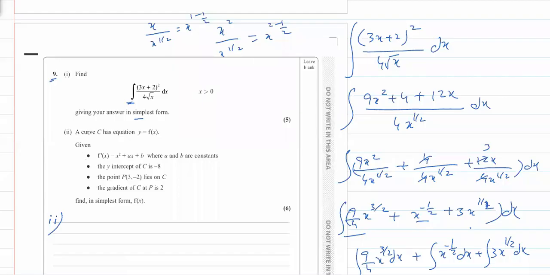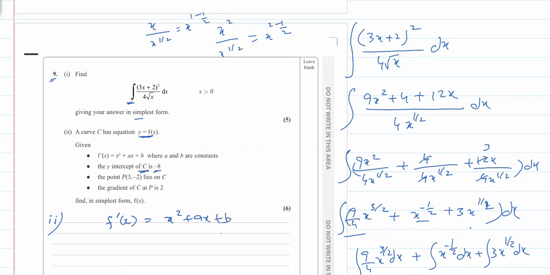Now part 2 is saying a curve has equation y = f(x), and it's given that f'(x), the first derivative of the curve, is x² + ax + b, where a and b are constants. The y-intercept of the curve is minus 8.